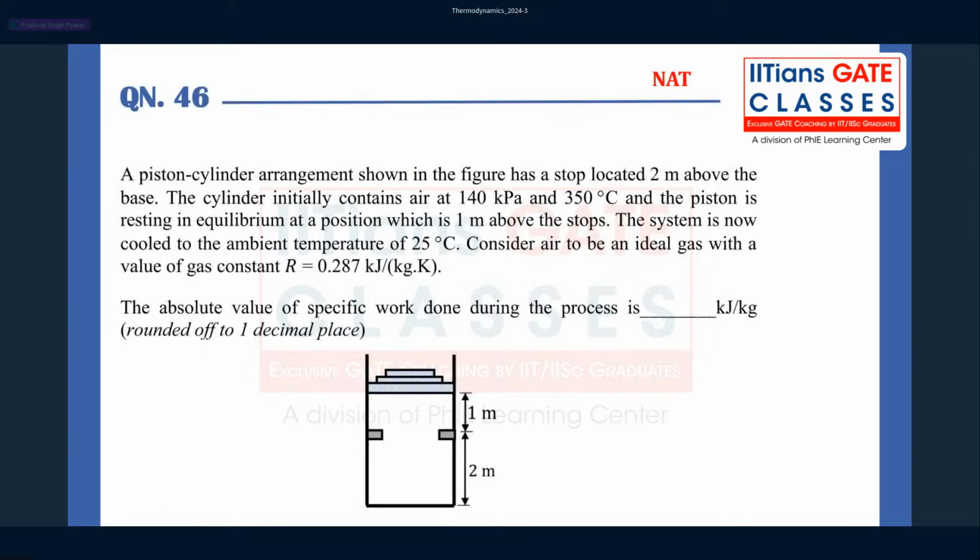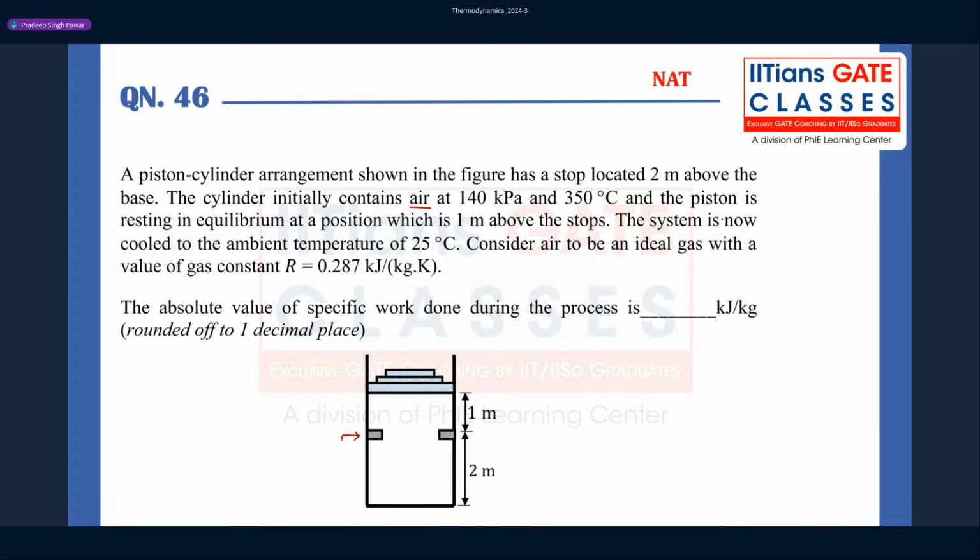So here what is shown is a piston cylinder arrangement in the figure. It has a stop. A piston cylinder arrangement shown in the figure has a stop located at 2 meters above the base. The cylinder contains air at 140 kPa and 350 degrees.